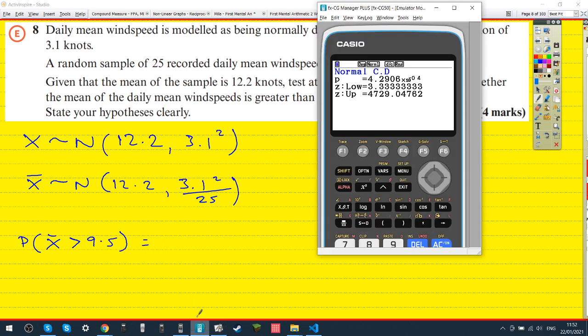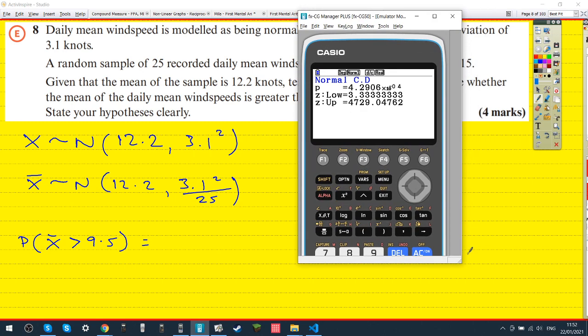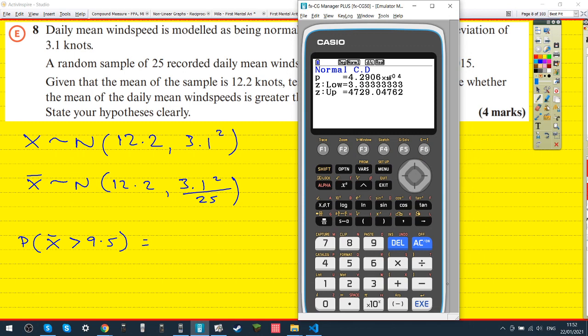How do we get that? So do I need to do lower 9.5, upper 999? And then after that, am I doing 3.1 squared over 25? Square root of that. Okay.